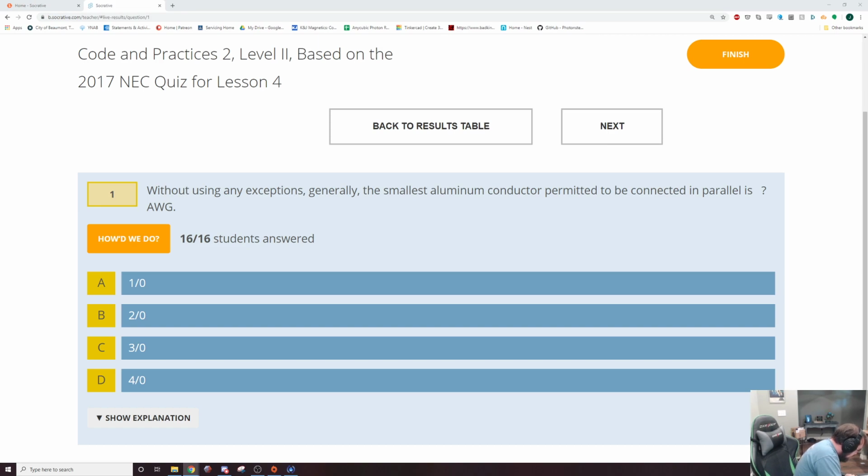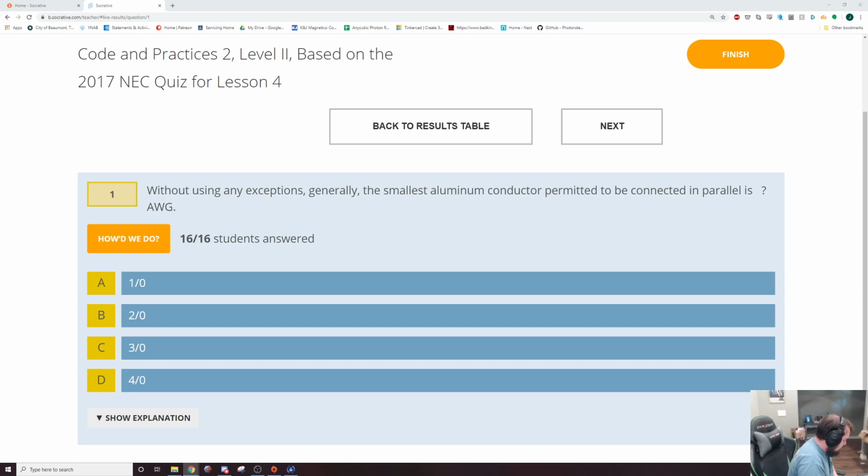So there are a lot of articles. This is where it's going to help to know how the code book is laid out, because there's probably 10, 15 different options for this one.